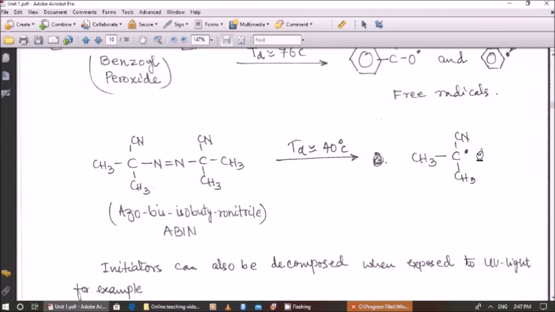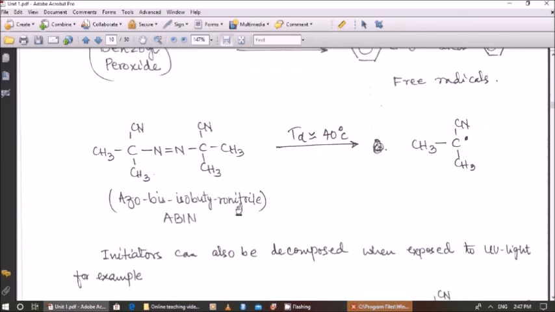Likewise, AIBN, azobisisobutyronitrile, is another very well known initiator for chain polymerization or free radical polymerization, and this is its chemical structure. The decomposition temperature is somewhere around 40 degrees centigrade, and when it undergoes decomposition, this is the free radical which is generated. An initiator can also be decomposed when exposed to UV light.